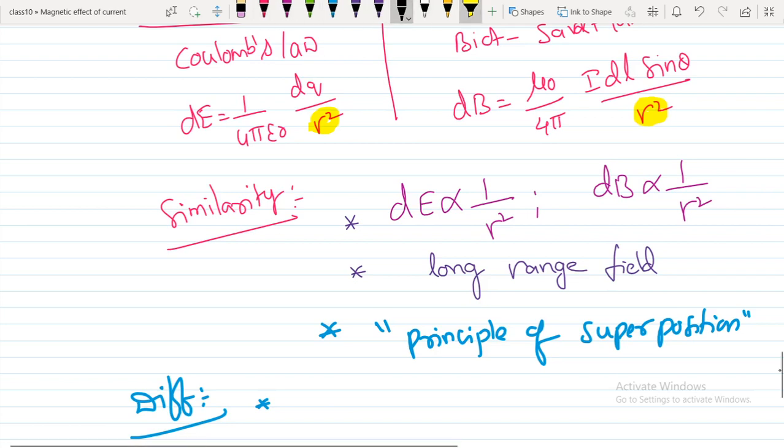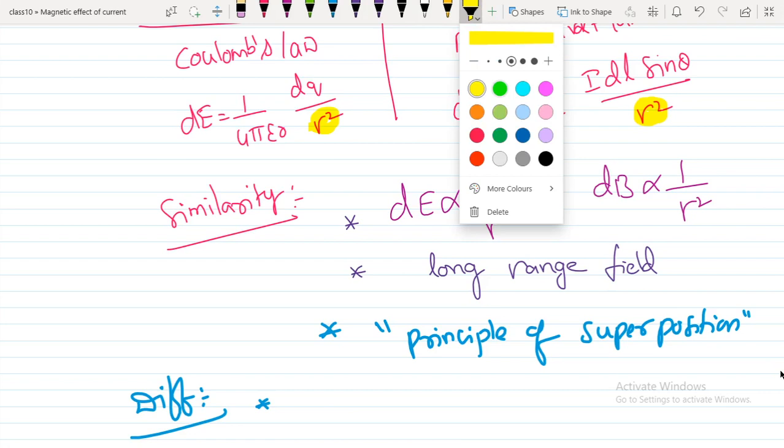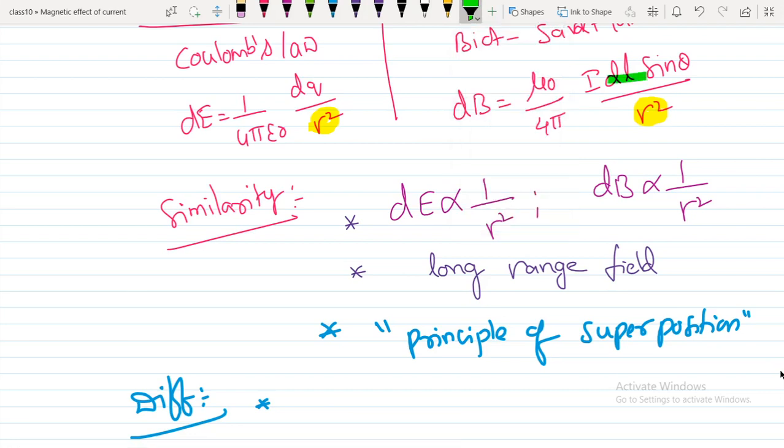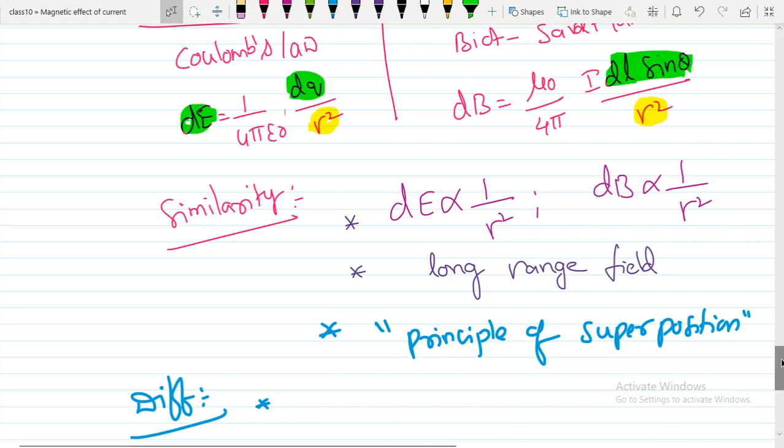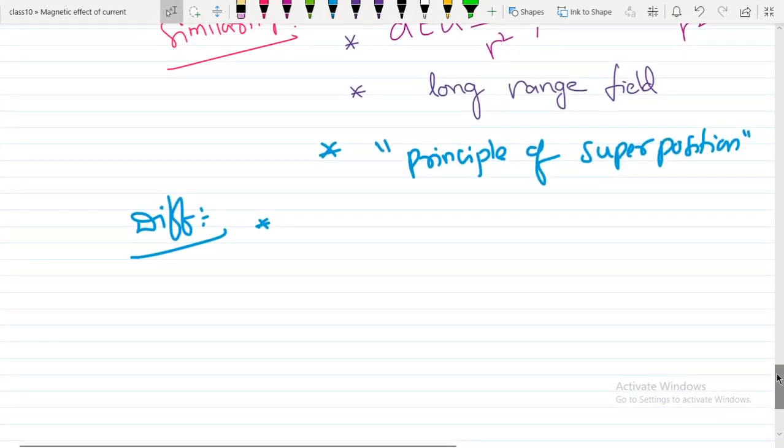Here the magnetic field is produced because of I dl sin theta, an elemental vector source, but the electric field is produced because of charge. Charge is a scalar source. So that is one of the differences we can notice.